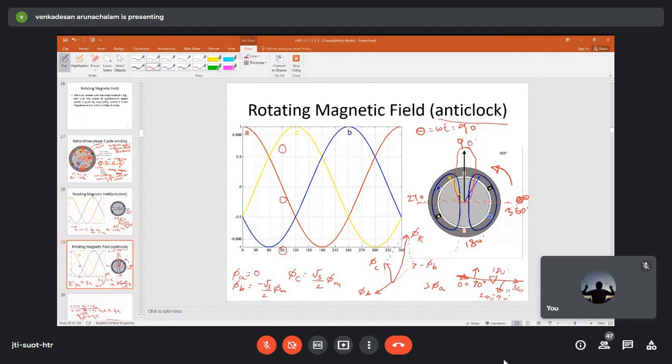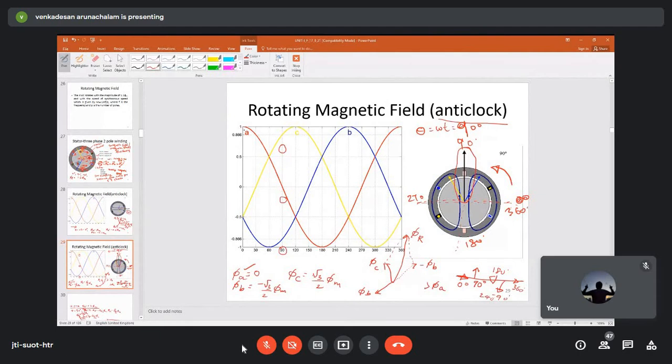So when theta is equal to omega t, that is coming around 90 degree, what is the direction of the resultant flux and what is its magnitude? For that, we have to get the magnitude of each flux. When theta is equal to 90 degree, what is the value of phi a?